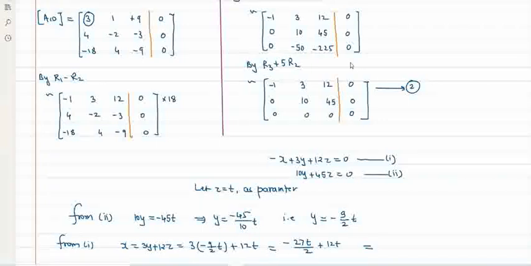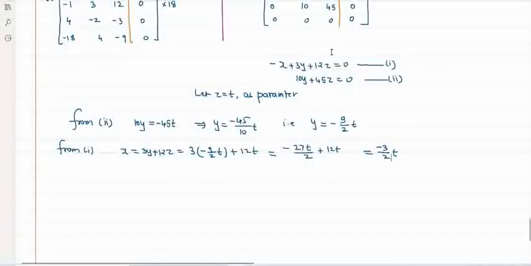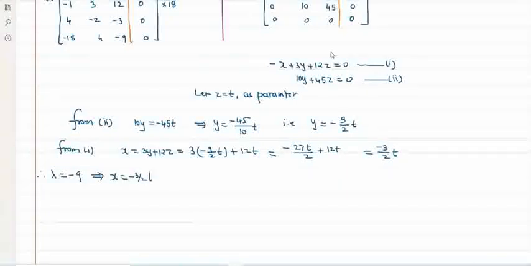Simplify, tell me. 24 minus 27 means minus 3 by 2 t. So the first case, when lambda is equal to minus 9, then x is equal to minus 3 by 2 t, y is equal to minus 9 by 2 t, and z is equal to t.